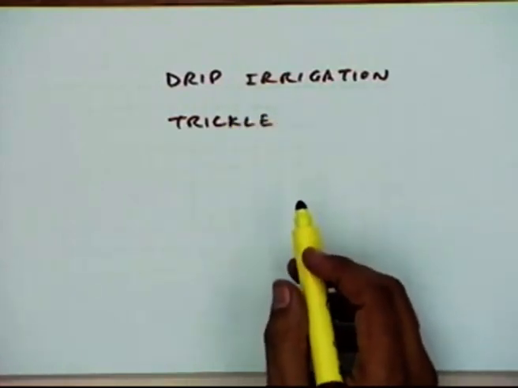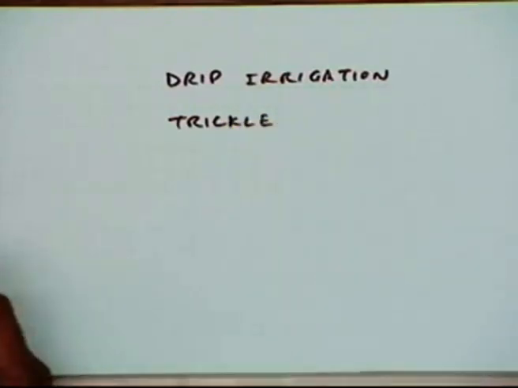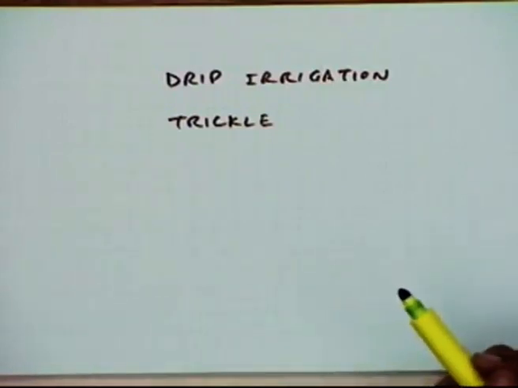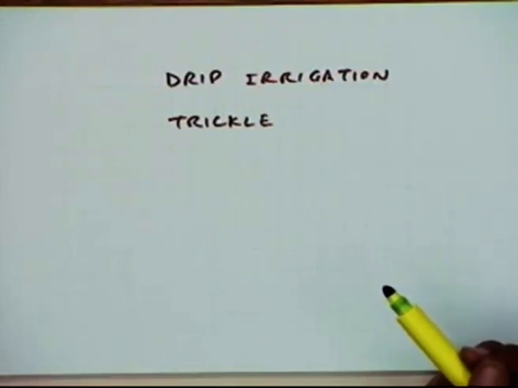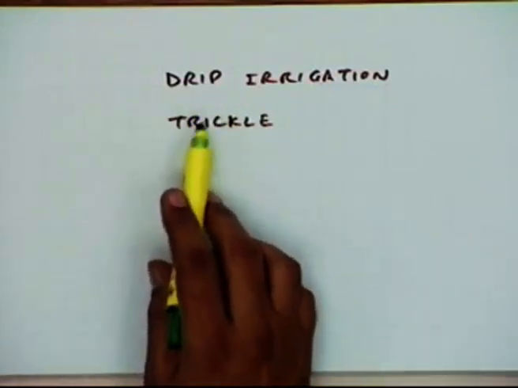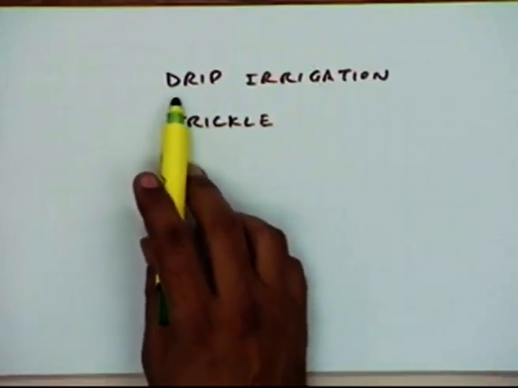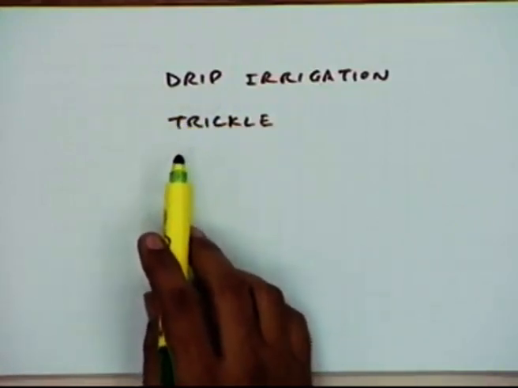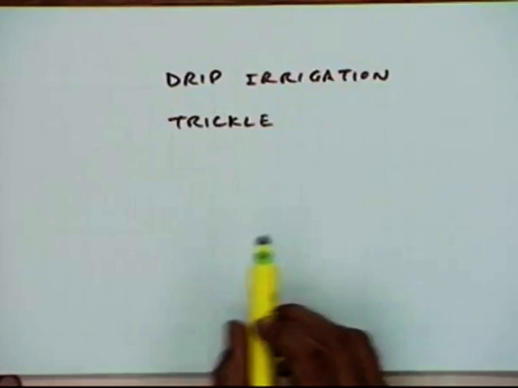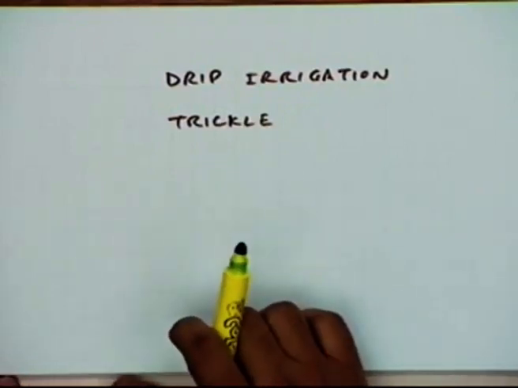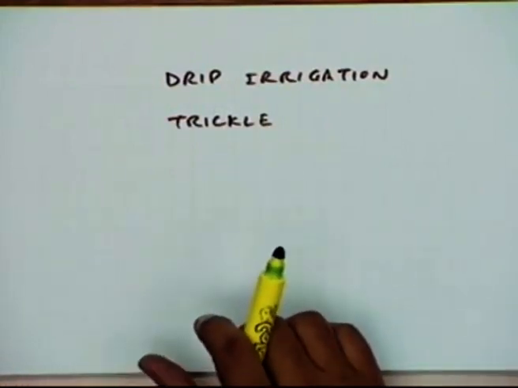As the name suggests, you can visualize that in this particular system, the rate of application is very small. That's why the water is either trickling or dripping drop by drop. So the order of magnitude of the application is very, very small.